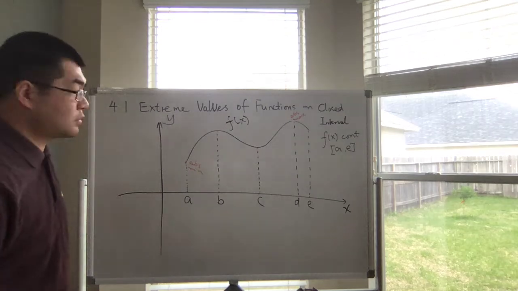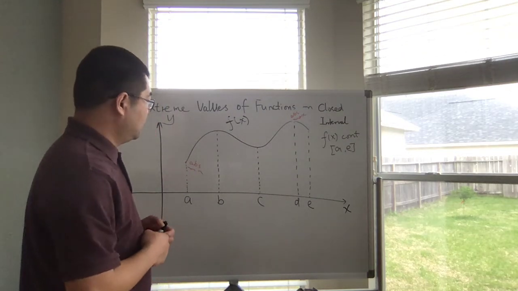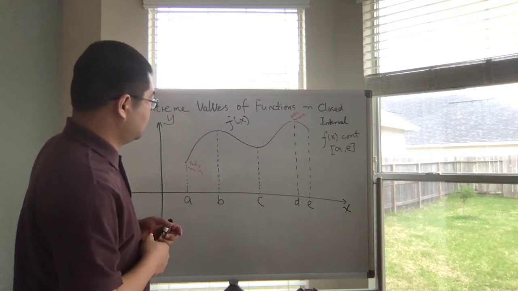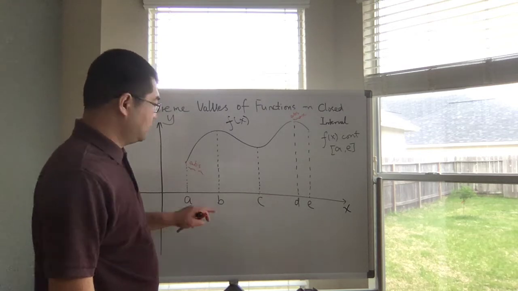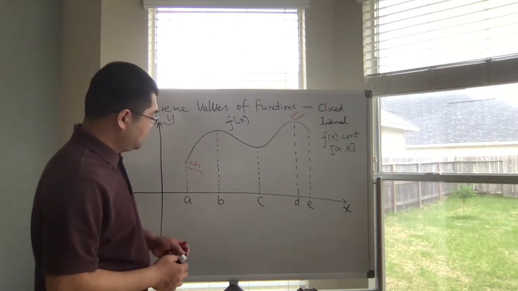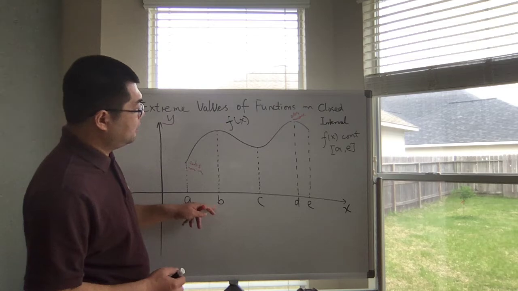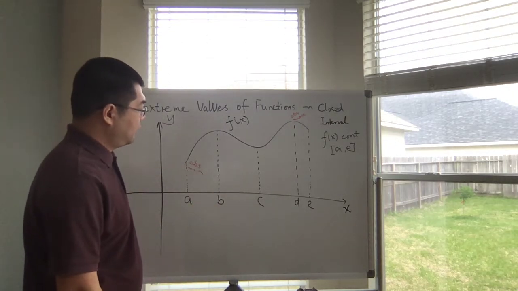Again, those two are global properties. Now let's shift our focus to the points b, c, and e here. Point b, apparently, is not the absolute maximum for my function.